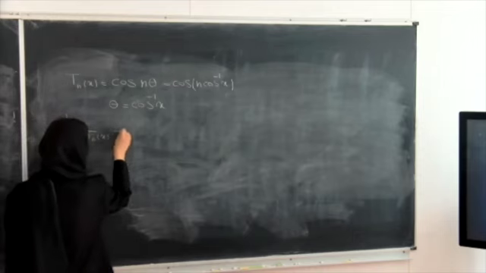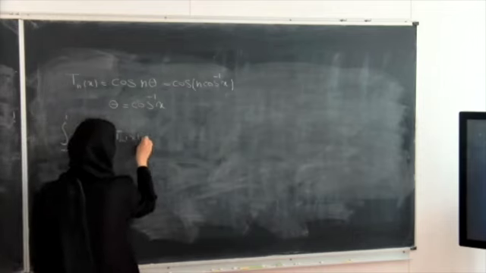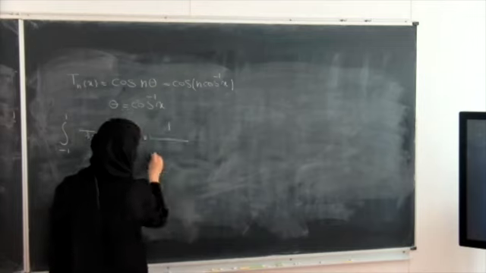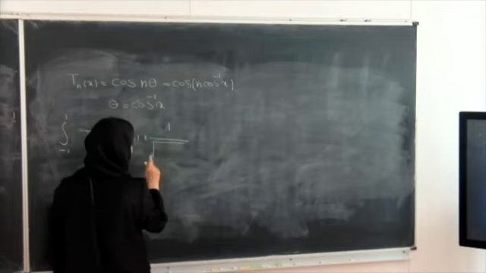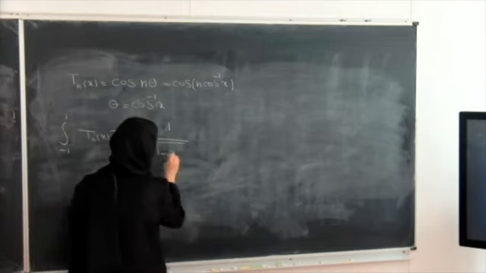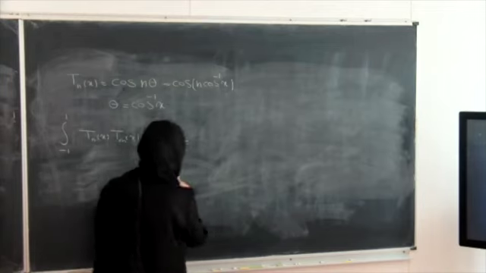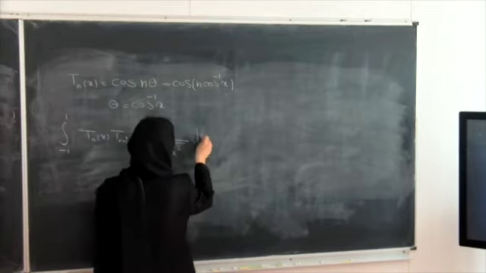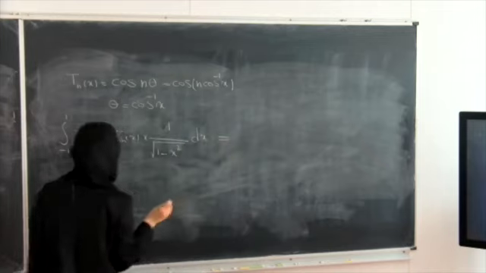Tn of x, Tm of x, and the weight function is 1 divided by the square root of 1 minus x^2, dx. Okay.